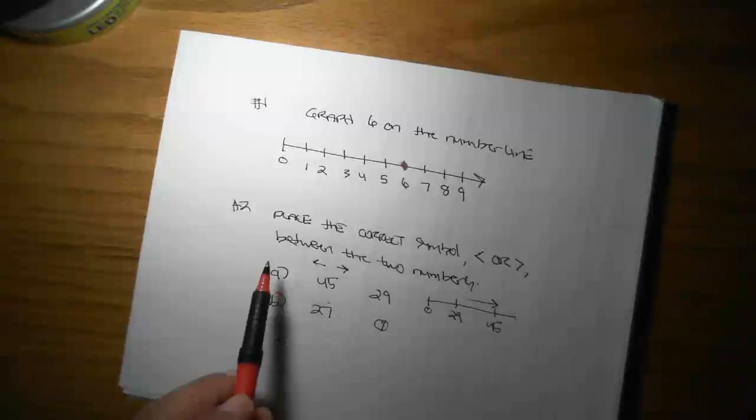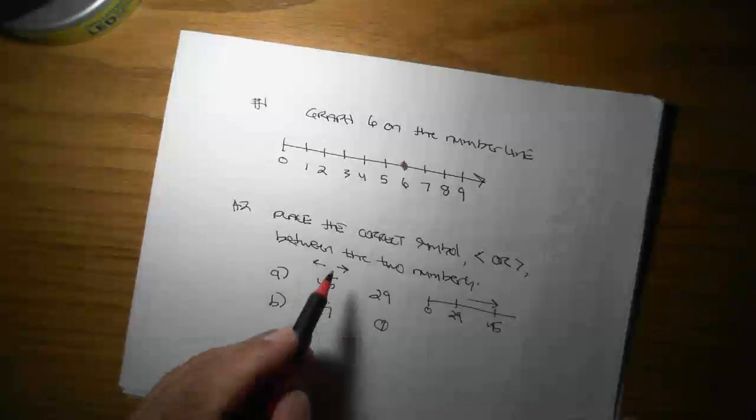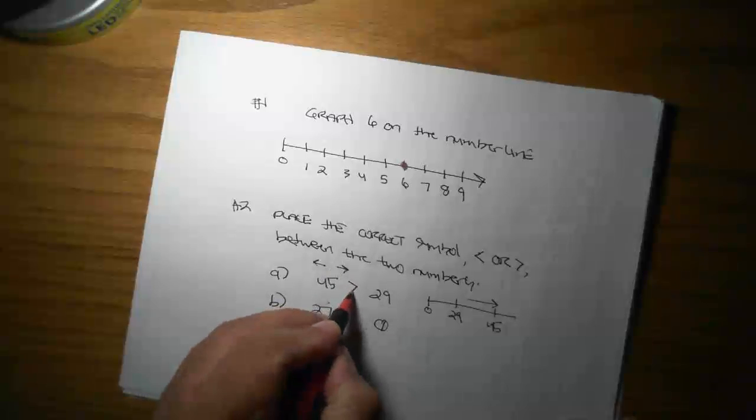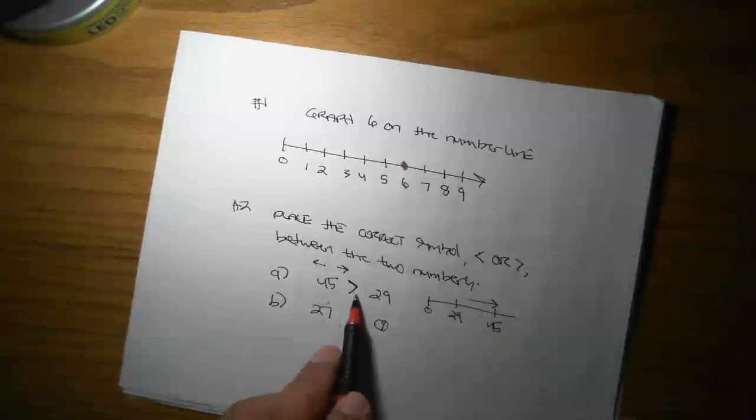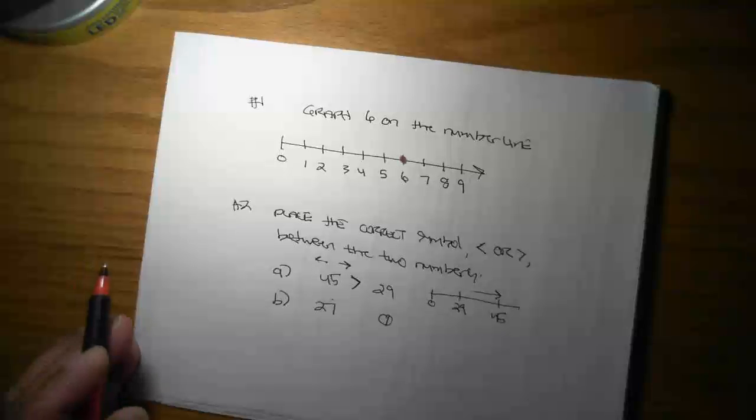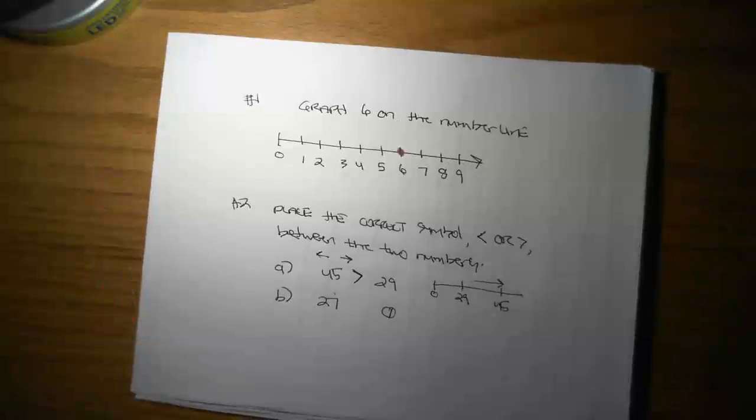The directions don't want us to write the words. They want us to use the symbols. So that means we need an arrowhead that is pointing toward the right, just like this over here, and that means greater than. Okay? I'll give you a moment to take a look at problem B, and then we'll compare notes on that as well.